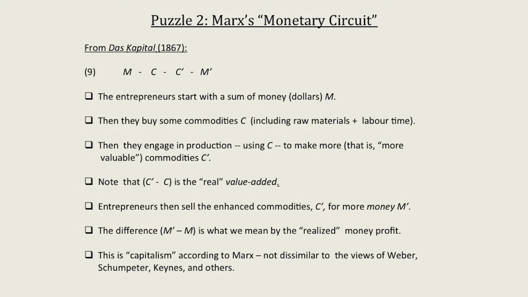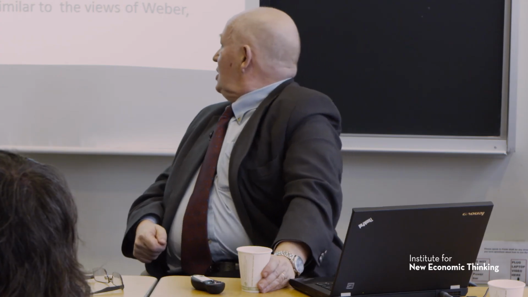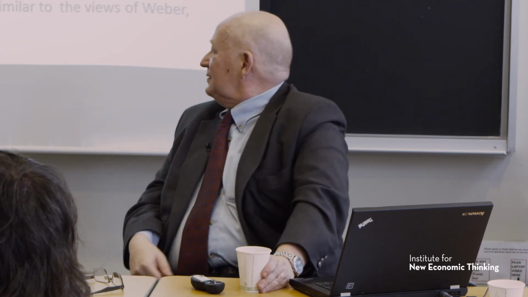And the difference M prime minus M is what we mean by the realized money profit. And obviously the C prime minus C would be the surplus value in the Marxian terms. Anyway, this is a description of capitalism according to Marx. And strangely, it's not too dissimilar to the views of Weber, Schumpeter, Keynes, and others.